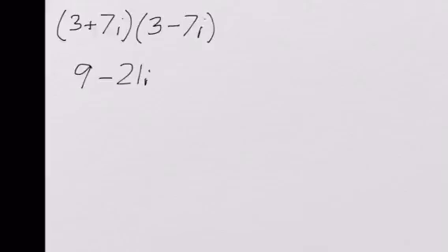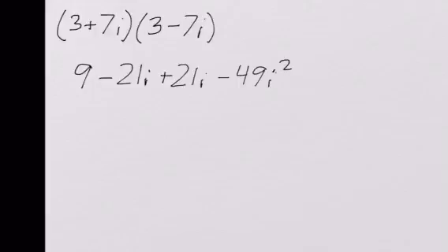Inside I get a positive 7i and a positive 3i, so that's plus 21i. And then my last terms are a 7i and a negative 7i, so that's going to give me a negative 49i squared.